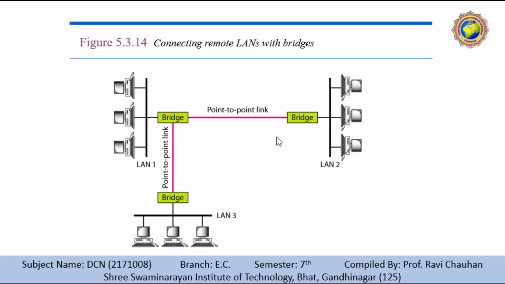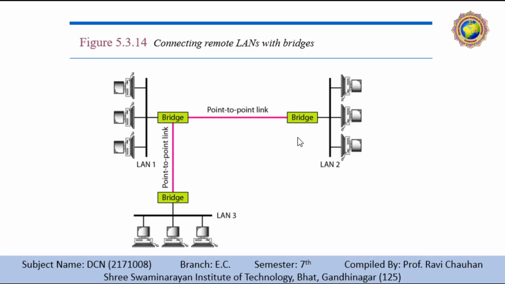The bridges act as connecting devices, connecting the LANs and point-to-point networks such as leased telephone lines or ADSL lines. The point-to-point network in this case is considered a LAN without stations. The point-to-point link can use a protocol such as PPP.